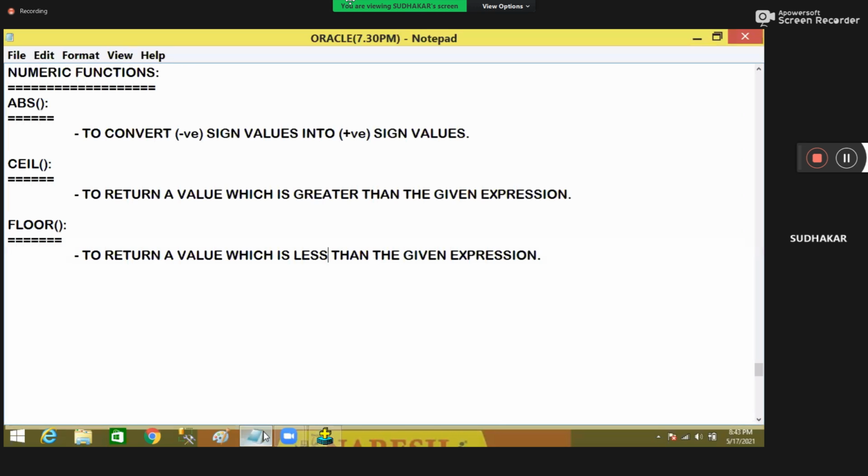The next function is called the MOD function. The MOD function returns the remainder value. After the operation is performed, whatever the remainder value is will be returned by the MOD function.